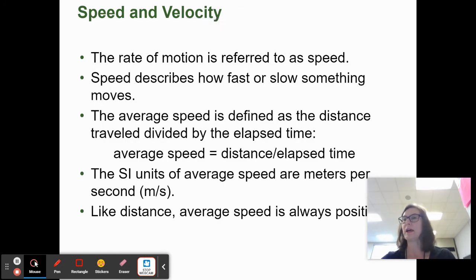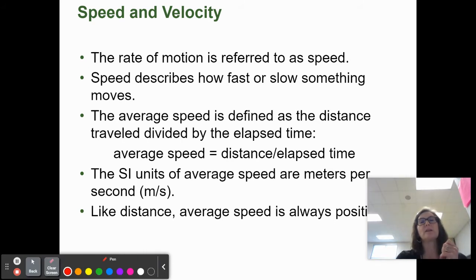All right, so in the last section, we described motion in one dimension, and we talked about the difference between displacement and distance, and that speed was your distance divided by your time. So that's what speed is.